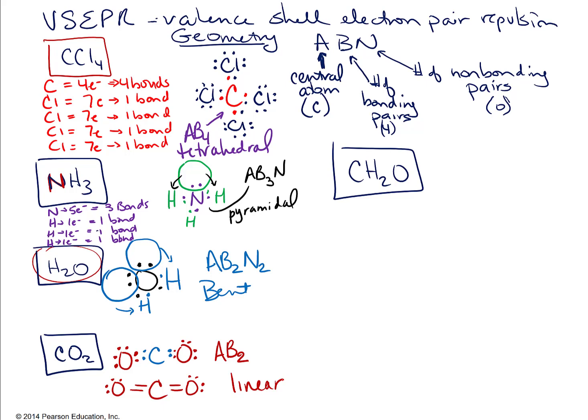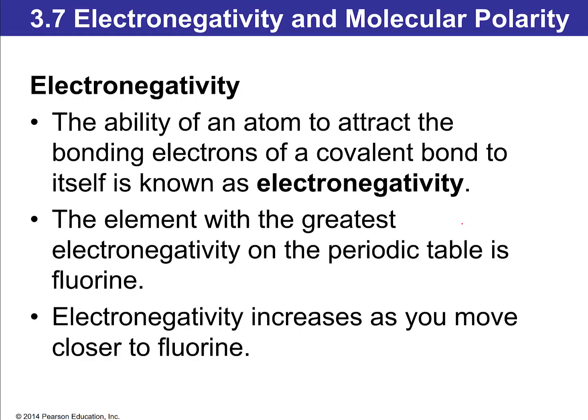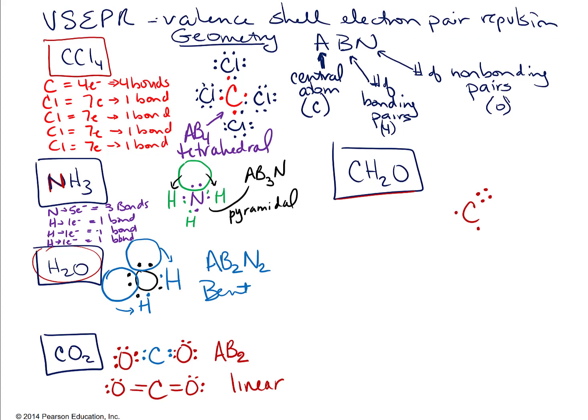So the last one up here is CH2O. Formaldehyde, one that we've drawn. So the carbon, in order to form the complete set, has a single bond with each hydrogen, because that's all hydrogens can do, is just a single bond.